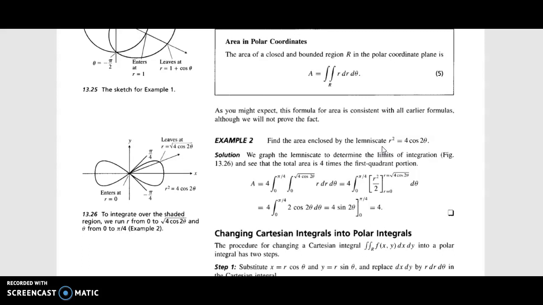In the first quadrant, for the lemniscate, theta varies from 0 to pi by 4. Next we have to evaluate the values of r.